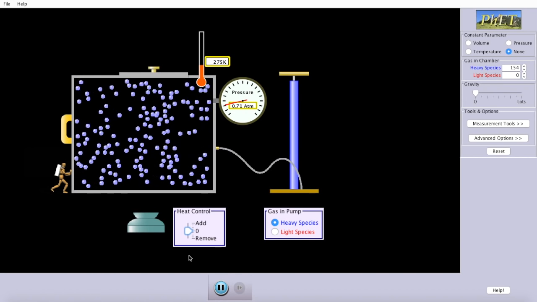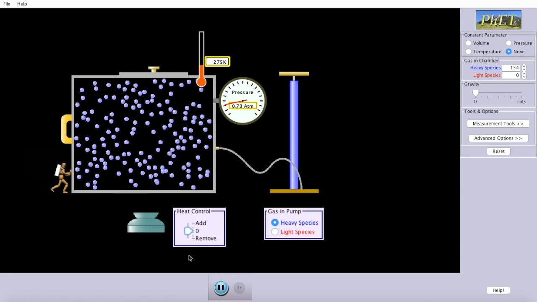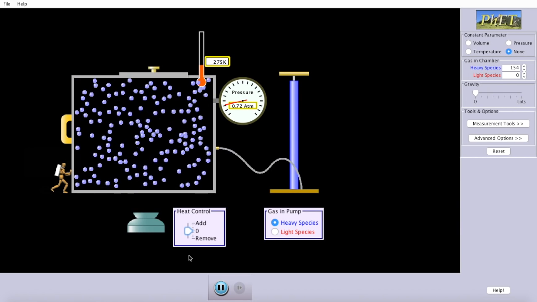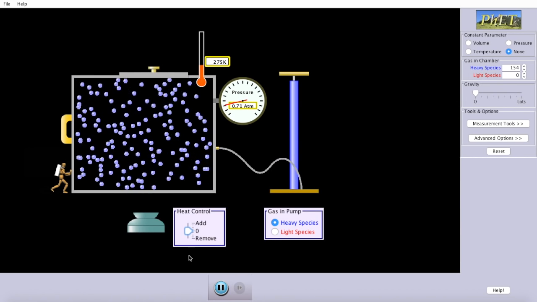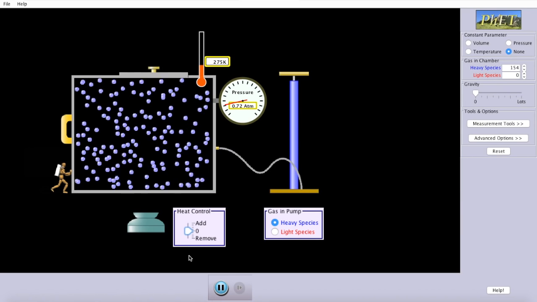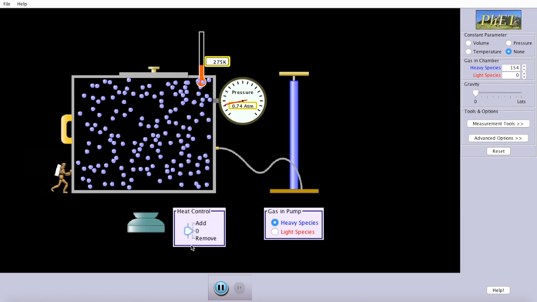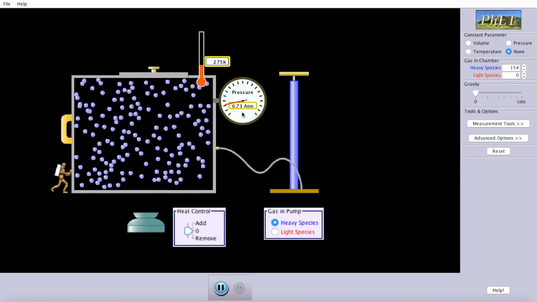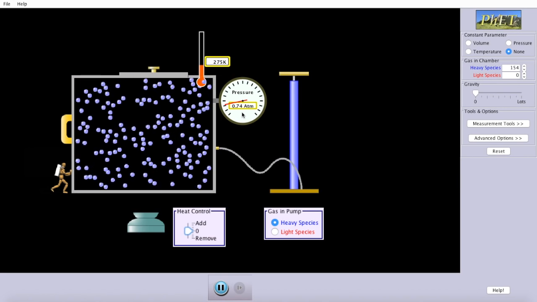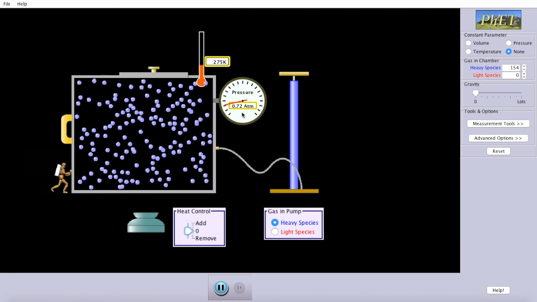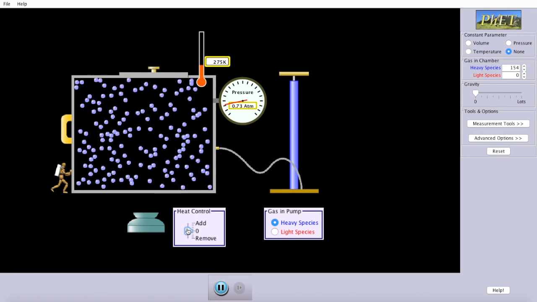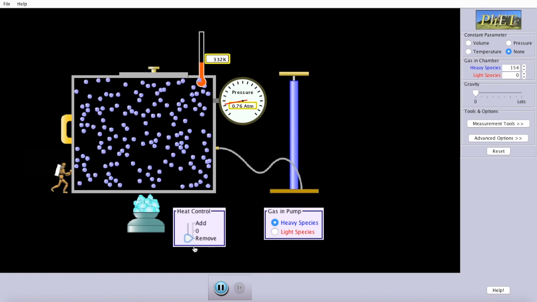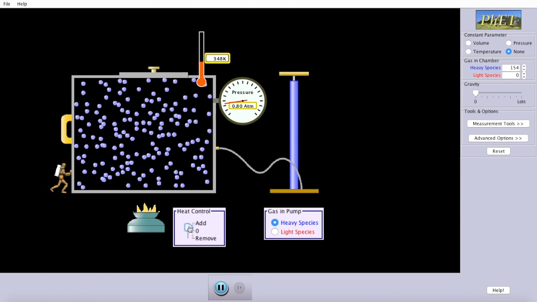We could probably do some math at this point if we really wanted to. So if we say that the temperature at this point is 275 K and the pressure is 0.73 atmospheres, and then we increase the temperature, let's increase it up to 350. Where's 350?